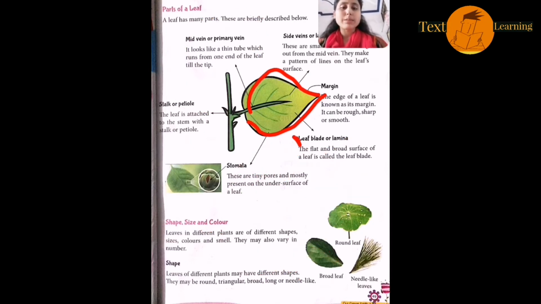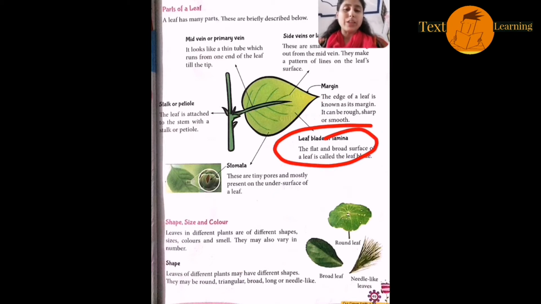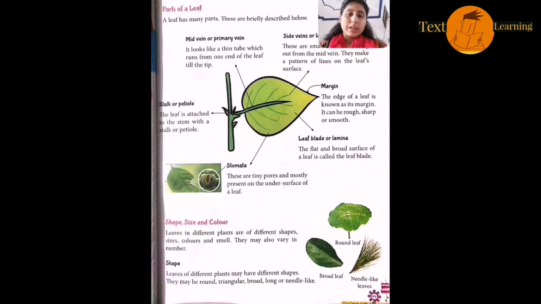Now next is the leaf blade, or lamina. What is the leaf blade? The flat and broad surface of a leaf is called the leaf blade. I have told you what a surface is: the flat area of a leaf or of something.